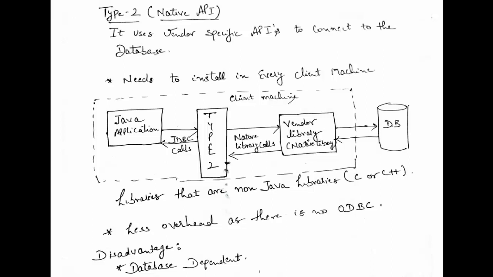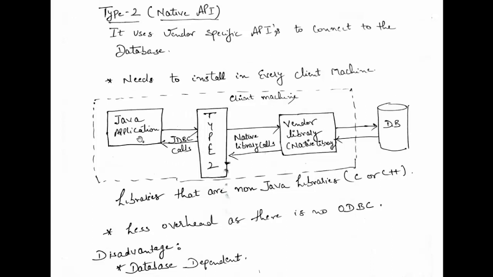So this is the architecture of the type 2 driver, in which if the Java application wants to communicate with the database, then JDBC calls must be there.